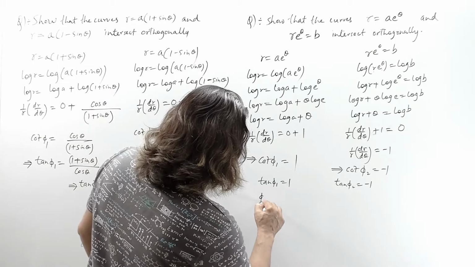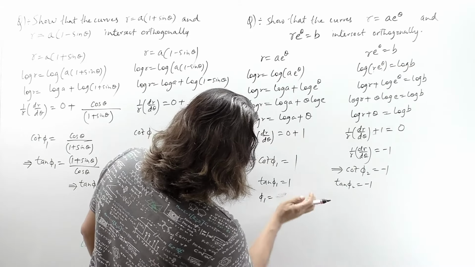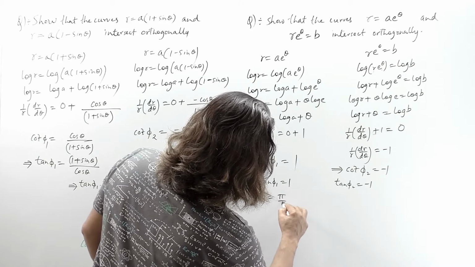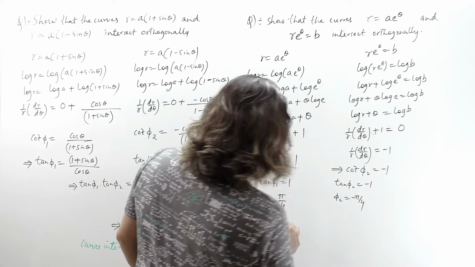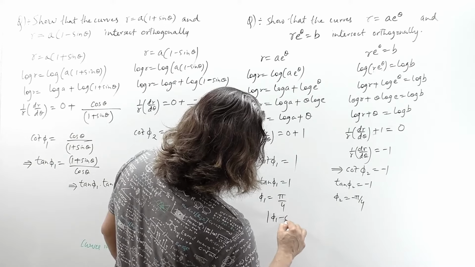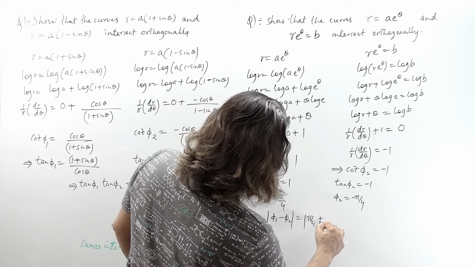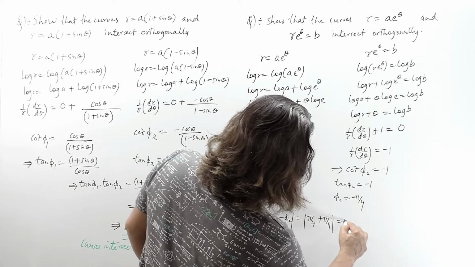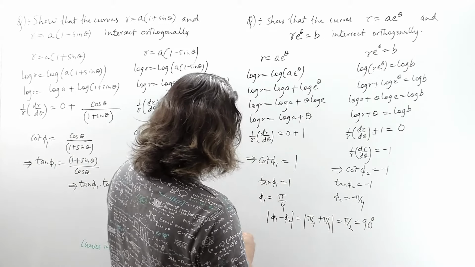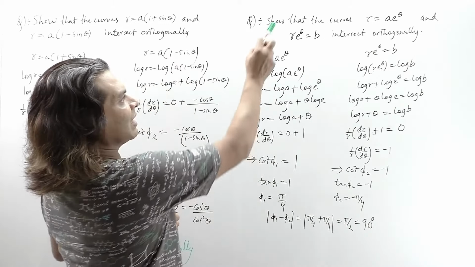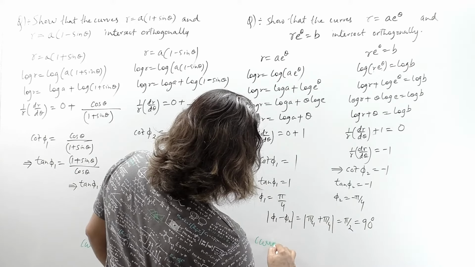So, phi 1 is equal to pi by 4. And we have phi 2 is equal to minus pi by 4. Therefore, the angle of intersection phi 1 minus phi 2 is equal to pi by 4 plus pi by 4, that is nothing but pi by 2, that is 90 degrees. Therefore, if it is 90 degrees, the curves intersect each other orthogonally.